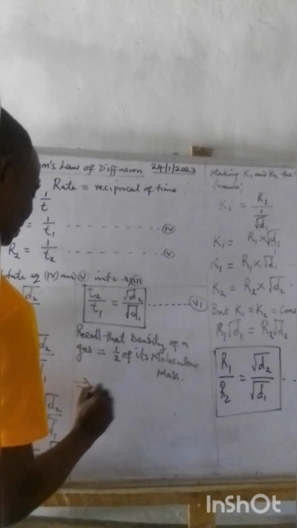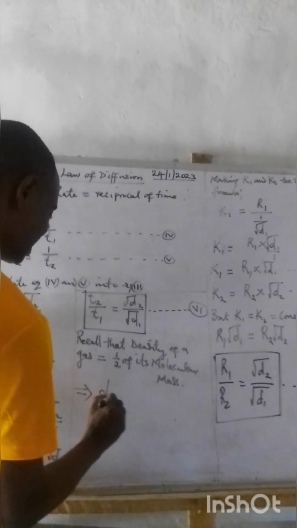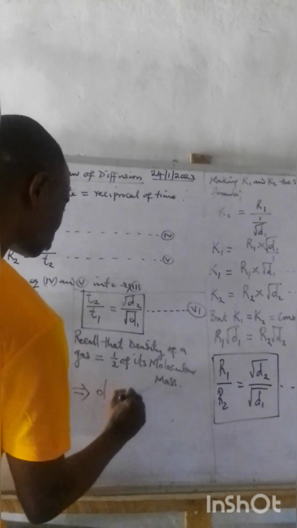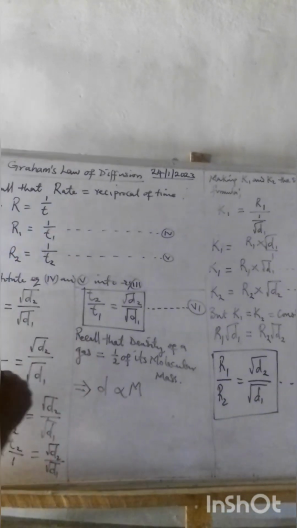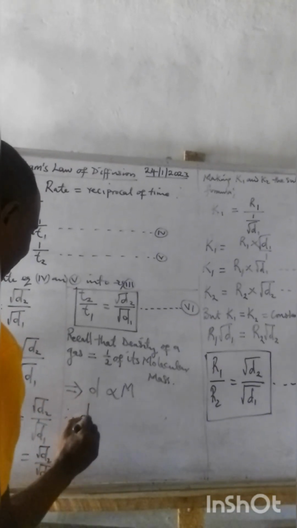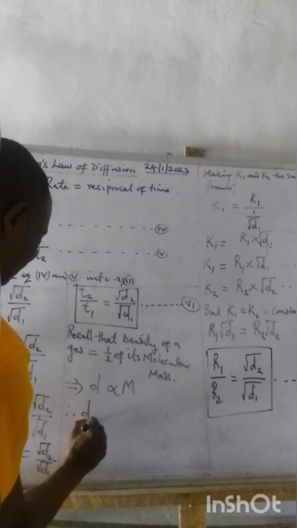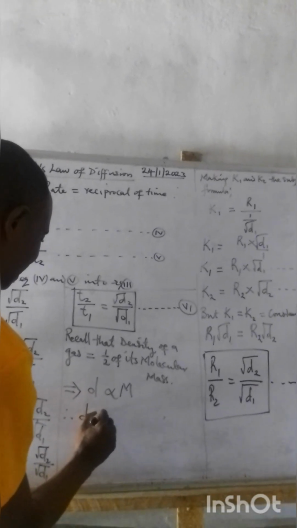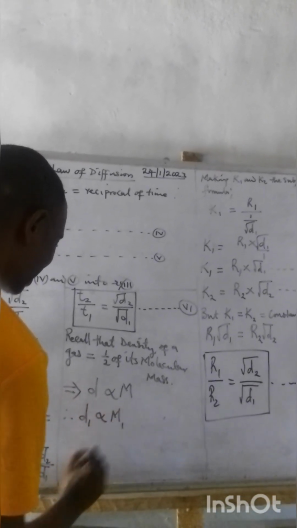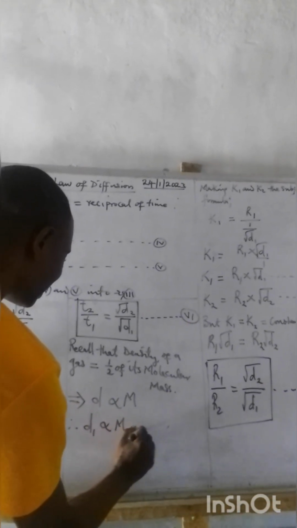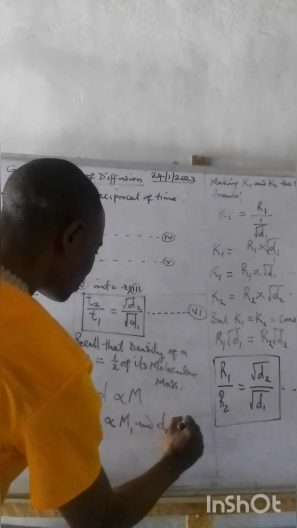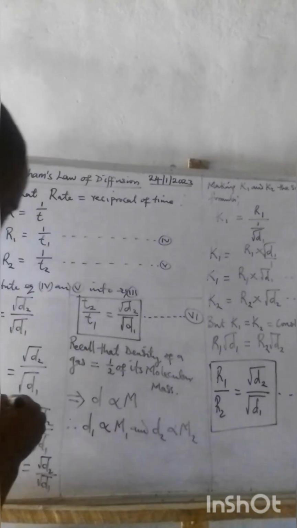This implies that density of a gas D is directly proportional to the molecular mass of that gas. We can now say that D1 is proportional to M1 and D2 is proportional to M2.